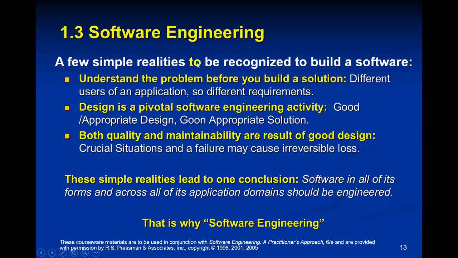In fact, these three points, these simple realities, lead to one conclusion: software in all of its forms and across all of its application domains should be engineered. Look, it is a systematic manner in which we move. We will understand, we will design, we will make it, then we will maintain it. That is why it is software engineering.